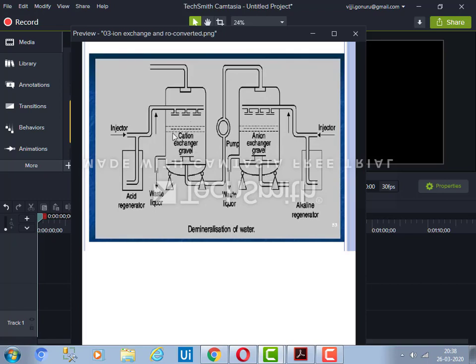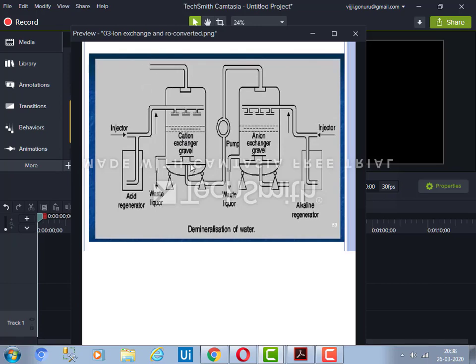When the water sample passes through the cation exchange resin bed, H+ ions in the cation exchange resin are replaced by the calcium +2 and magnesium +2 in the water sample.